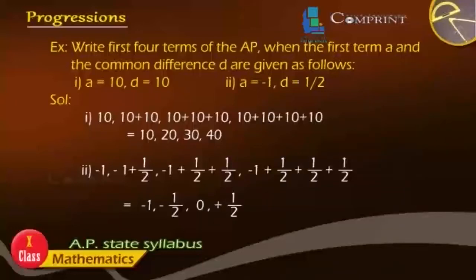Number 2. Minus 1, minus 1 plus 1 by 2, minus 1 plus 1 by 2 plus 1 by 2, minus 1 plus 1 by 2 plus 1 by 2 plus 1 by 2 is equal to minus 1, minus 1 by 2, 0, plus 1 by 2.